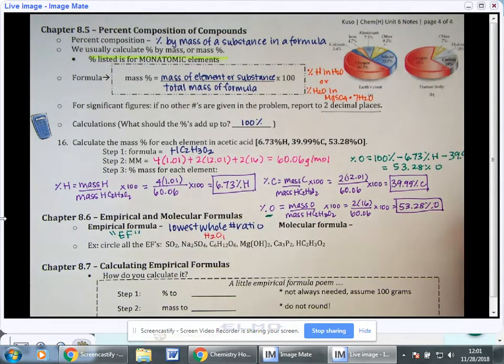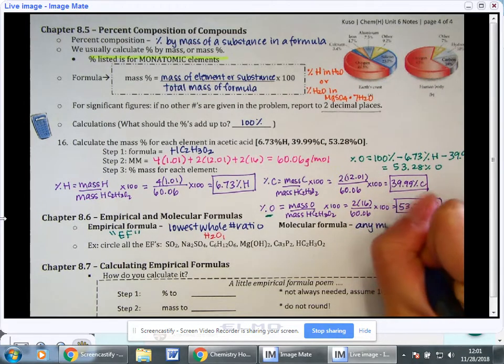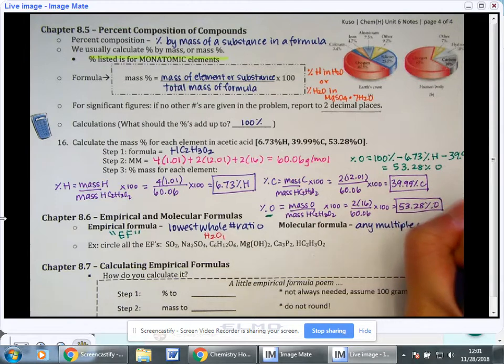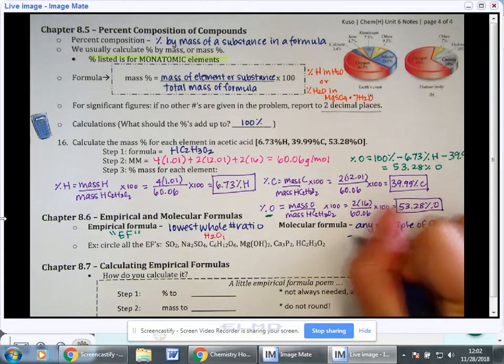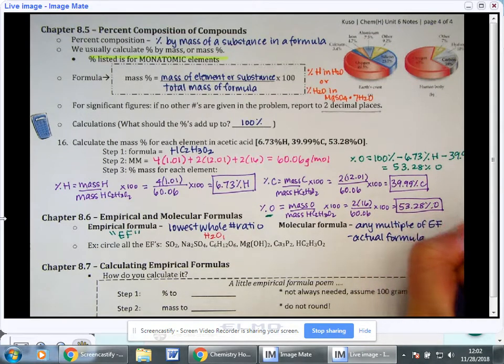Definition of a molecular formula, there's actually two. It's either any multiple of your empirical formula, and I'll show you what that means in a second, and it's also the actual formula of your substance. So an example of a molecular formula would be something like C6H6.